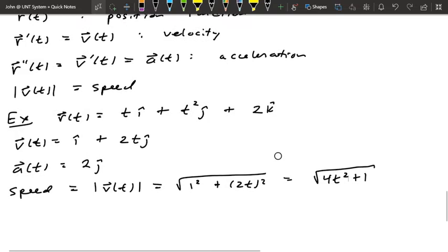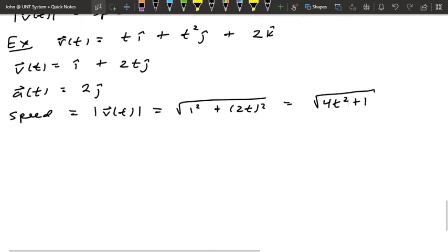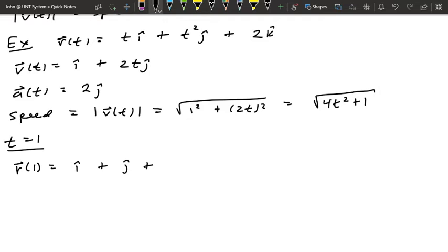So let's say at a particular time, say t is equal to 1. Let's compute these things for that particular time. All right, so the position at time 1 is this vector position here. The velocity at time 1, let me write it as vectors.